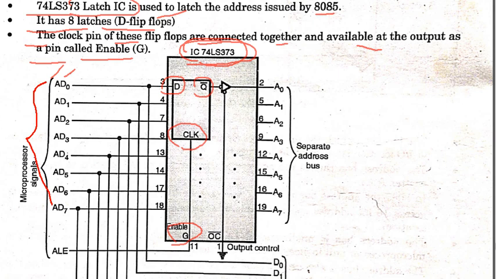ठीक है, तो यहाँ पे AD0 to AD7 जो है वो मल्टीप्लेक्स एड्रेस एंड डेटा बस का यूज़ किया गया है. ठीक है, and these operations are separate, meaning for data it will be D0 to D7 bits, and for the lower bits of address, that is A0 to A7. So the separation of address and data operation will depend on the signal on this ALE, that is address latch enable.